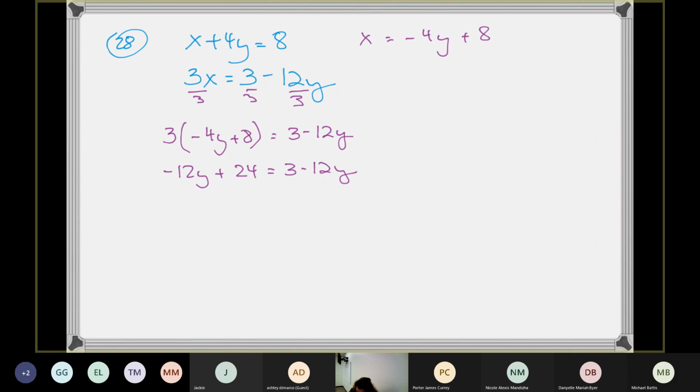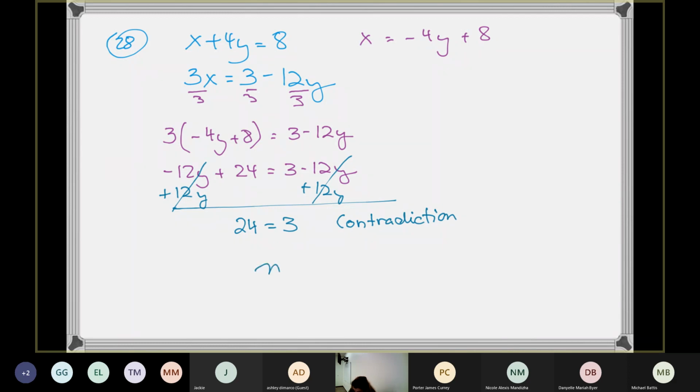Now, if I move the y's, again, you will see that you get 0 here because they cancel each other out, and you're left with 24 equals 3. What? I don't think so. That's a contradiction. And when you have a contradiction, what do we know about the solution?